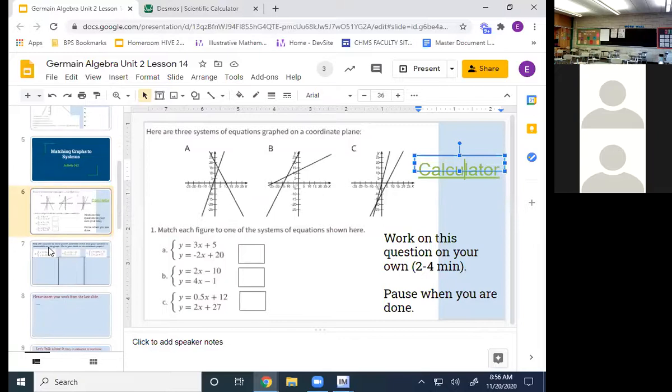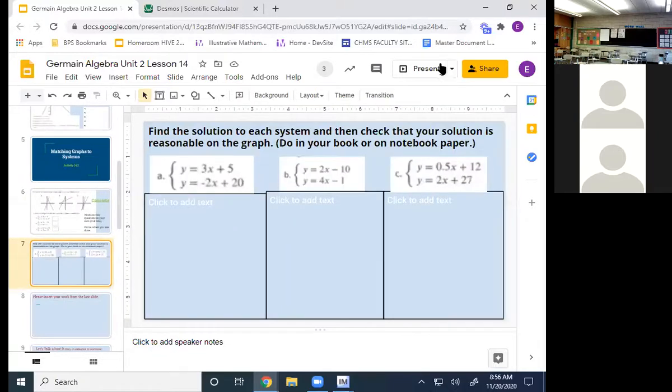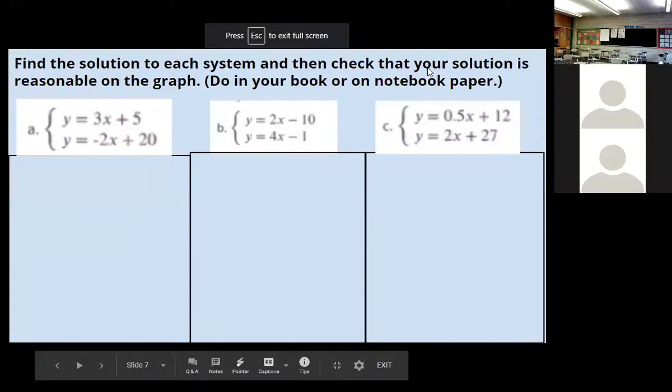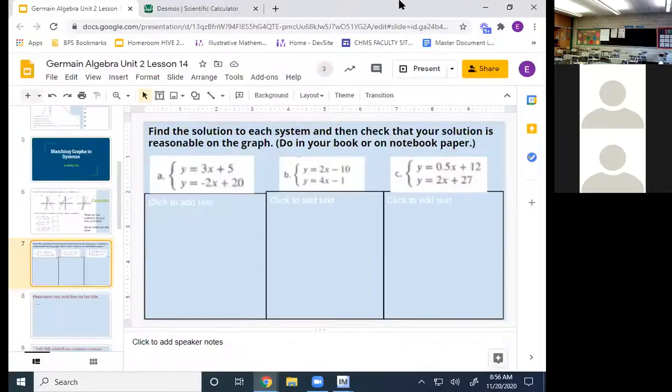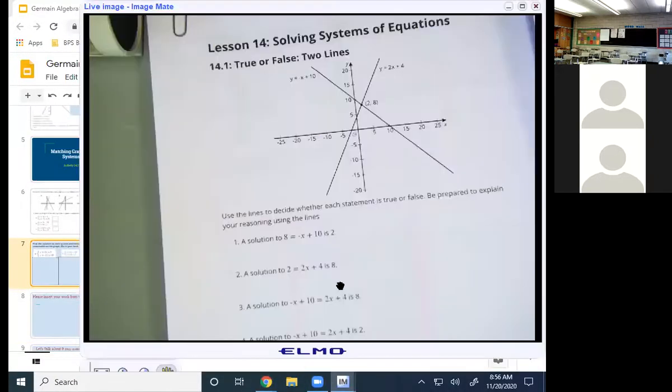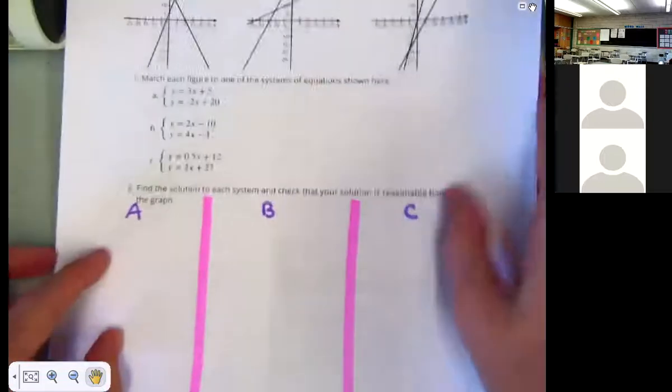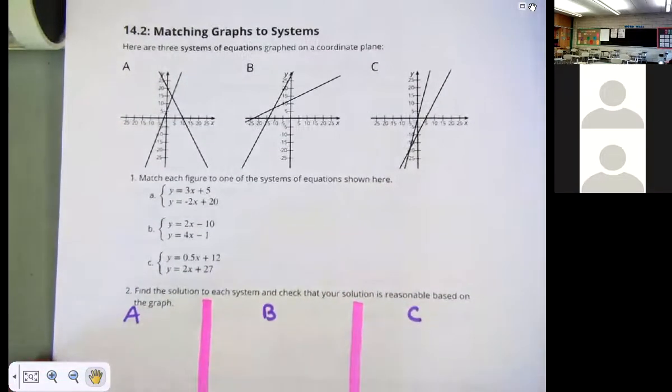So if we look at slide number 7 in your textbook, it is the bottom section of this page right here. So I'm actually going to move out of this slideshow. I just said that and then I didn't live it. So let's live it right now. So we are on page number 2, activity number 2, 14.2, matching graphs to systems, okay?